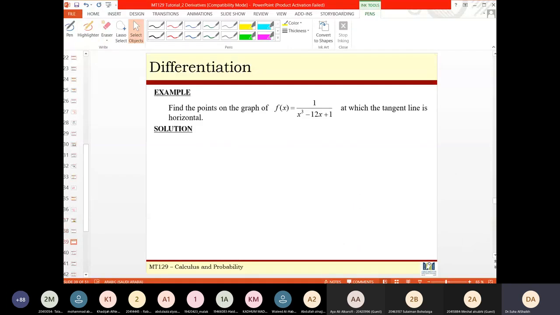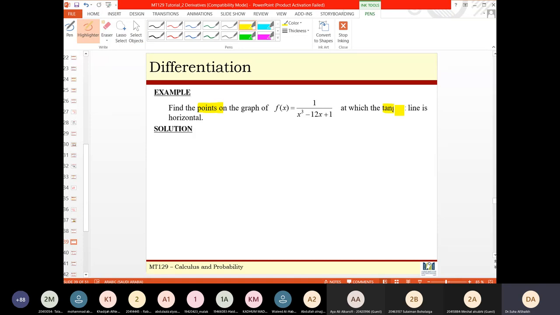Let's do this example and then I can do some more examples with you. Don't worry. Check the question. Now, not all the time the questions are direct, like find the derivative. Sometimes you have to find the derivative to find something else. The question here: find me the points on this graph at which the tangent line is horizontal.